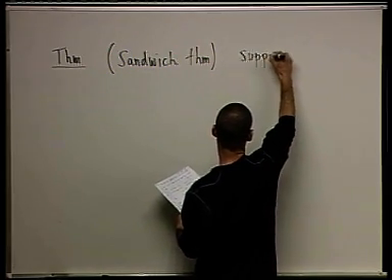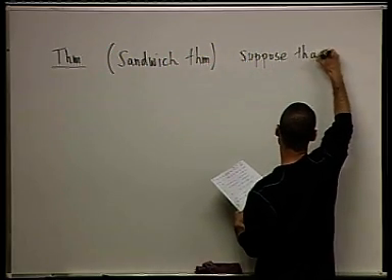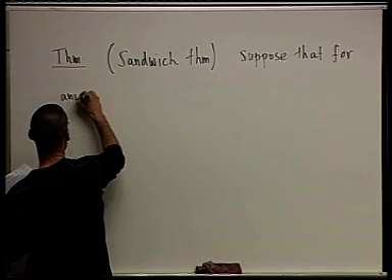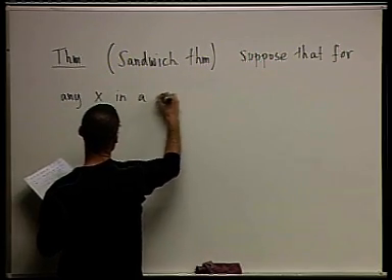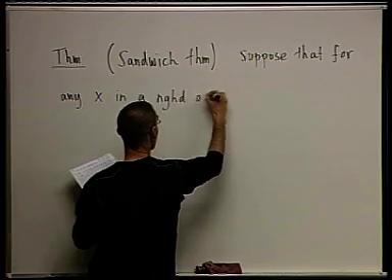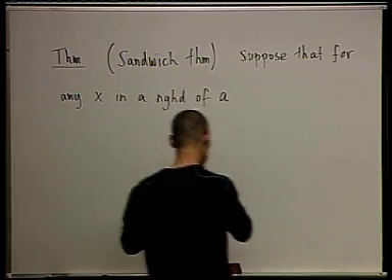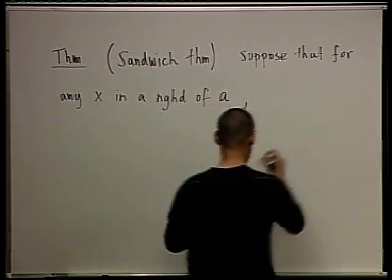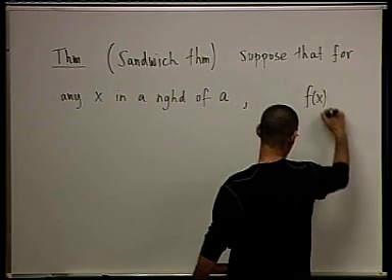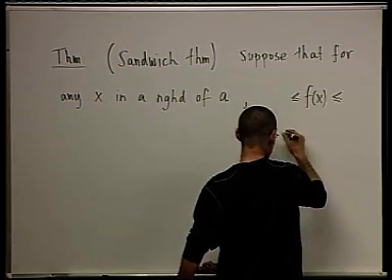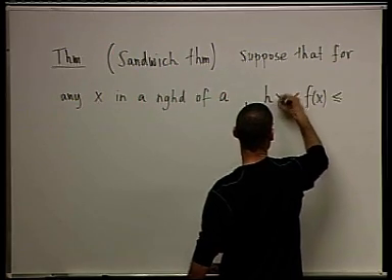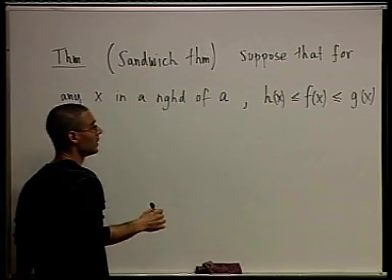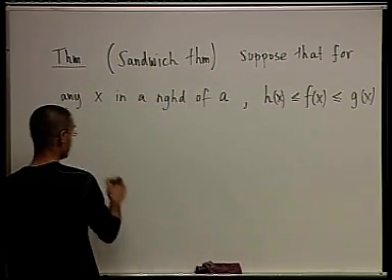Suppose that for any x in a neighborhood of A, this time we're going to have three functions, and they satisfy that f of x is between h of x and g of x. For any x in a certain neighborhood of the point A which we're interested in.